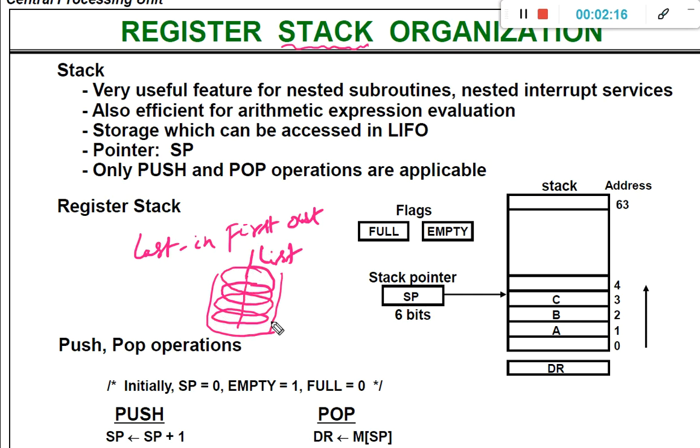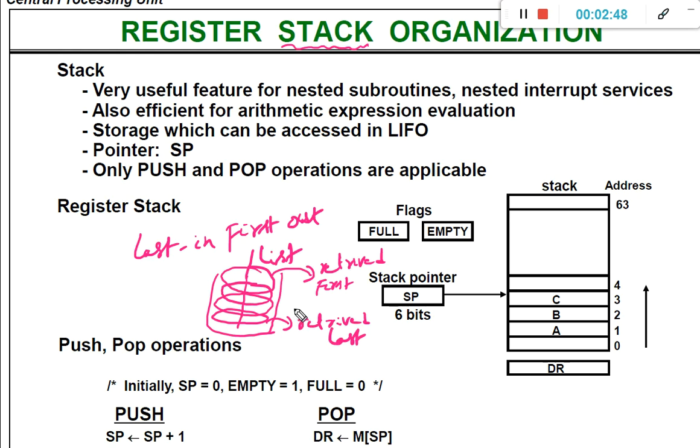If you want to remove the first tray, it is not possible. Whatever tray has been pushed last will be retrieved first, and whatever tray is pushed first will be retrieved last. So the example for stack operations is a stack of trays.